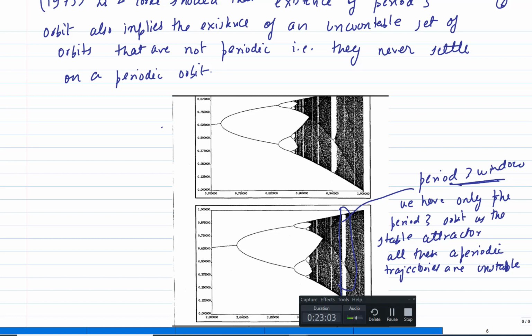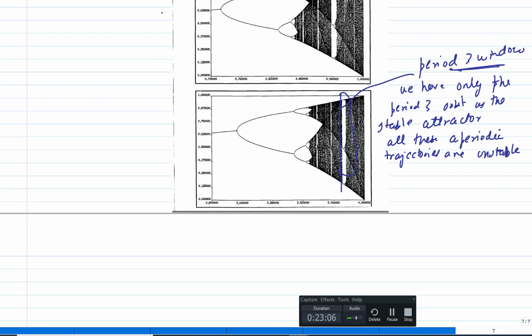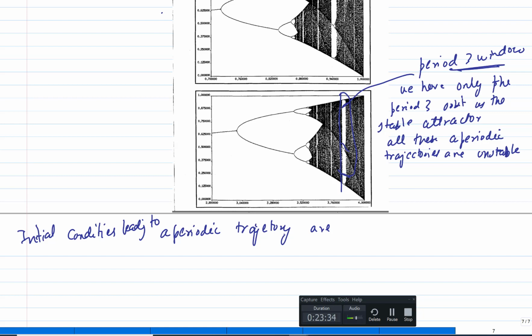And the reason why in our simulations only the period 3 attractor shows up is that the initial conditions leading to aperiodic trajectories are measure zero, called zero Lebesgue measure.